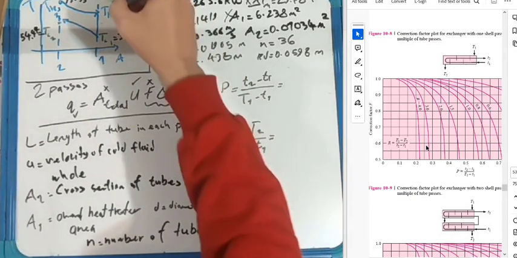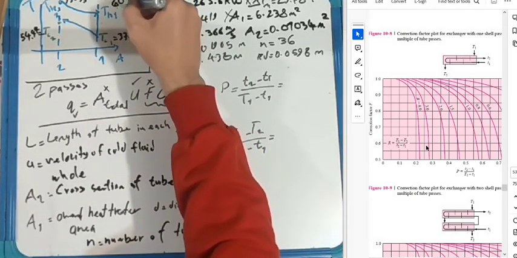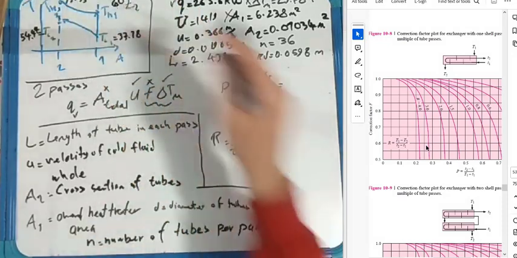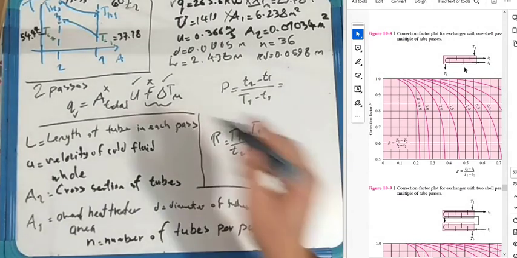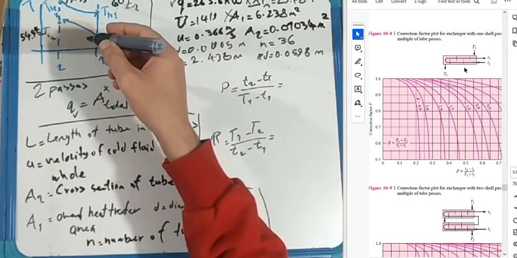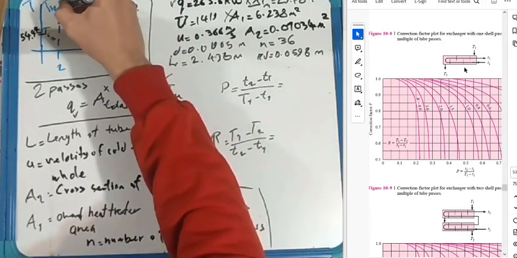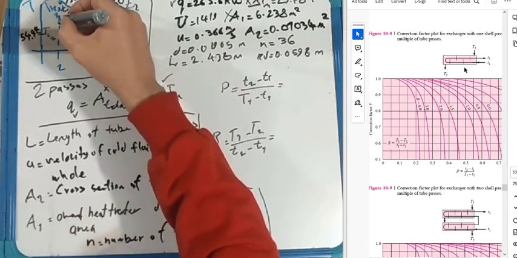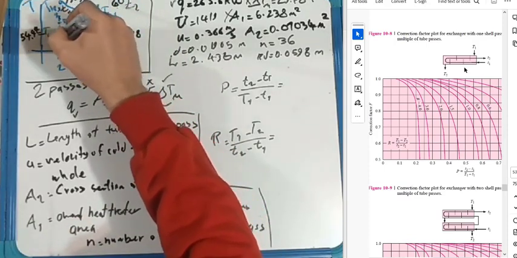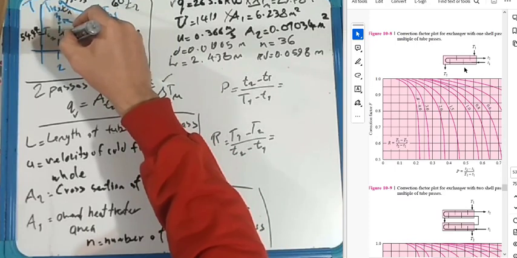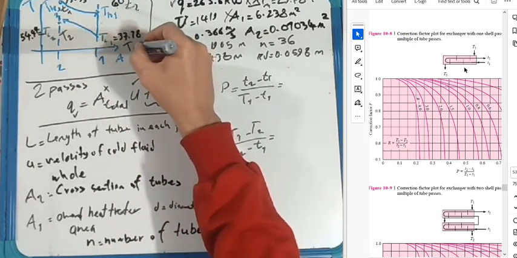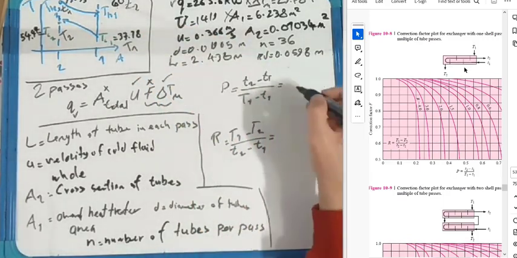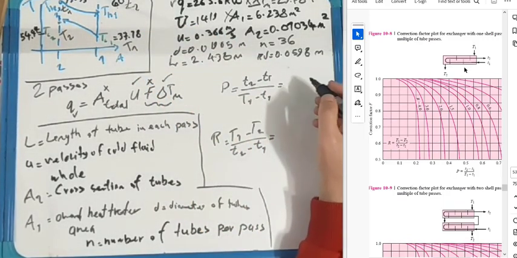Okay, this is small t2. As you can see in this picture, we should name them. This temperature is small t1. This would be capital T2, and this is capital T1, and we should put it in this formula.